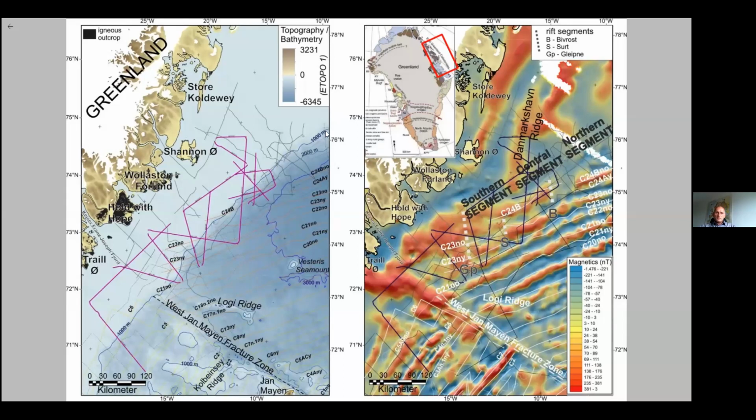This would be the 1,000-meter isobath here, and here you see that the magnetic anomalies intersect with that isobath and might extend onto the shelf. So we cover exactly the continent-ocean transition in here. Few volcanics are outcropping onshore, mostly of early Eocene age here.